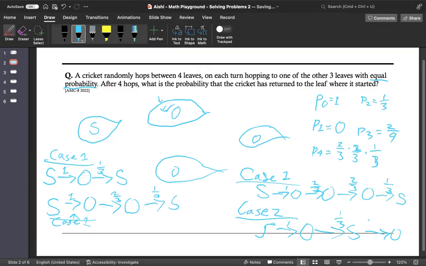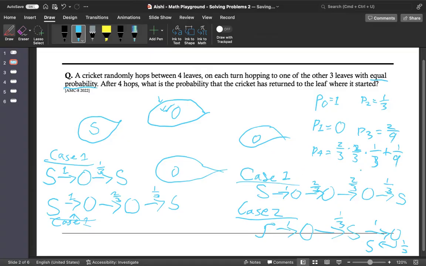From S to O, that's 1. And from O, so I'm gonna go this way because I see there isn't much space. So from O to S, we have 1 by 3. So we're gonna add 1 by 3 times 1 by 3, which is 1 by 9.